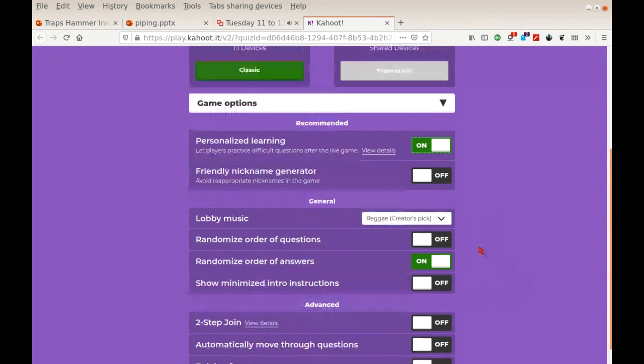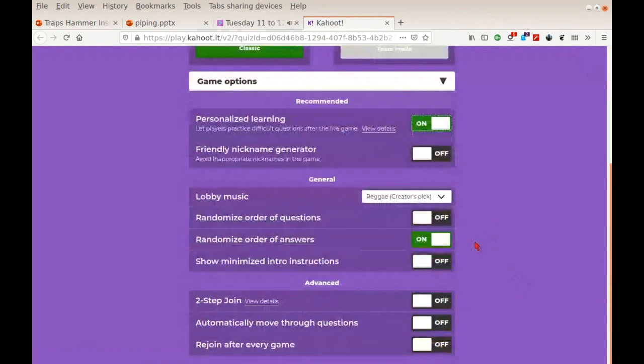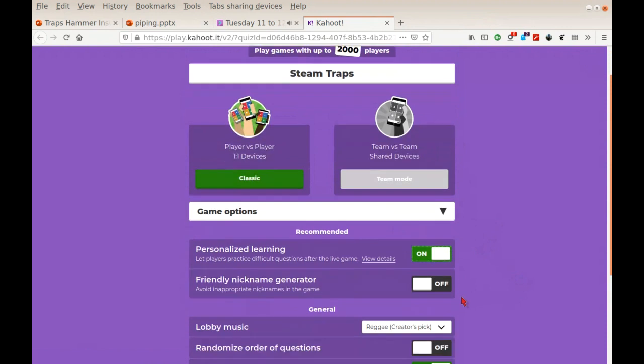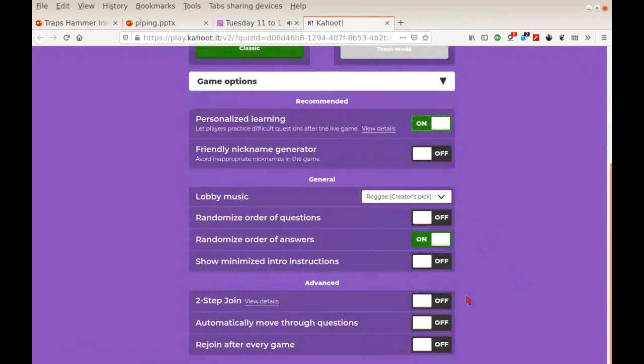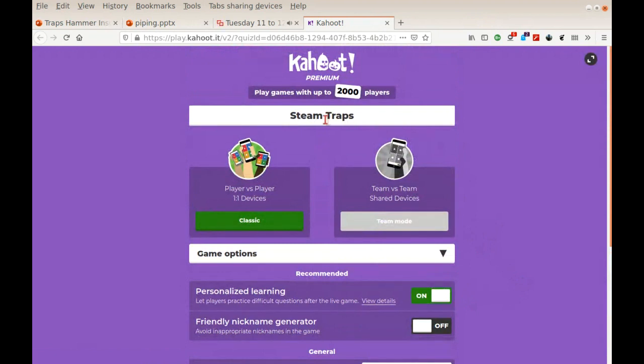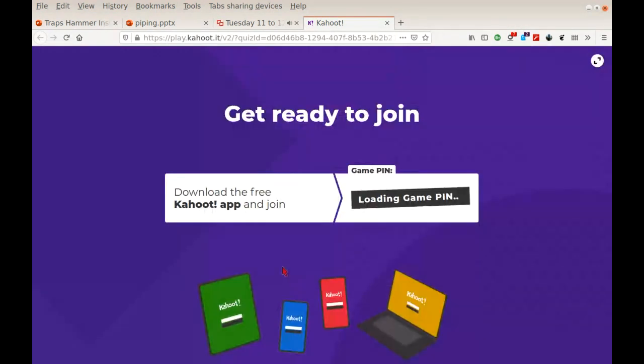Show minimize intro. All right, I think we're ready to go here. I can't remember how to start the game. So classic, game options, general, advanced. What's the matter with me? I've forgotten how to start the game. Hide the game options. Classic. Okay, here we go.